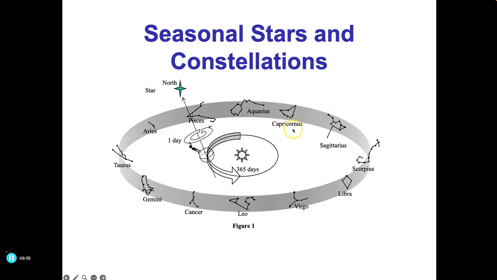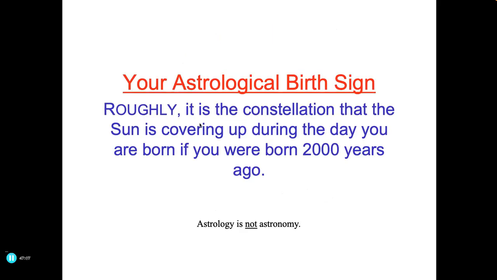Sagittarius, Capricornus, Aquarius, Pisces, etc. They change things a little bit, but it's based on that observation. Doesn't matter what year you're born, everybody born on the same day, the Earth is in the same position in its orbit, and therefore the sun is in that same constellation. And so the whole basis of Western astrology is that your sign is the constellation that the sun is in on your birthday.